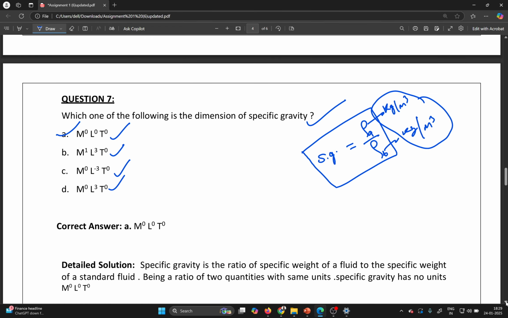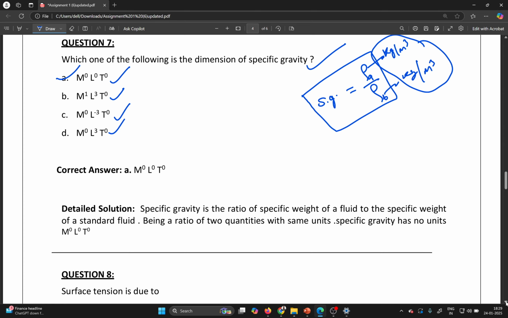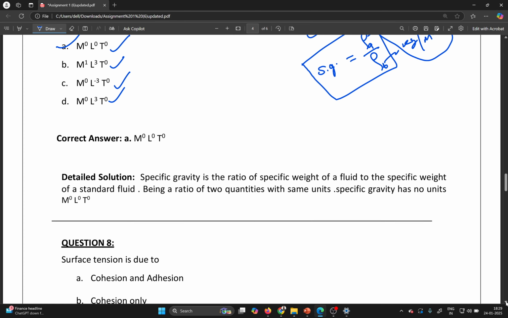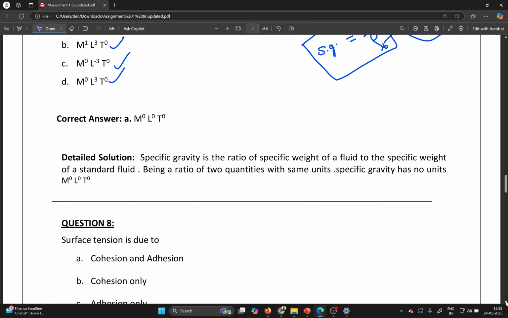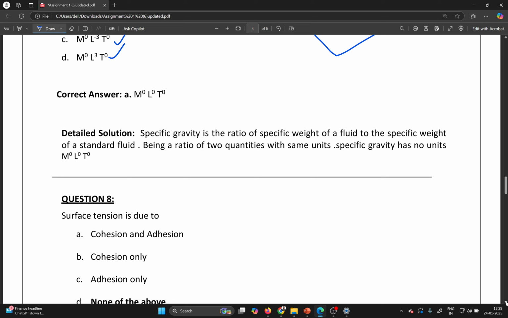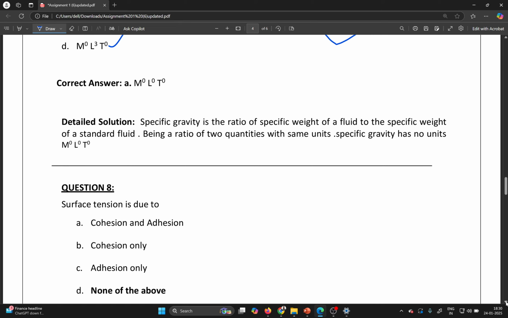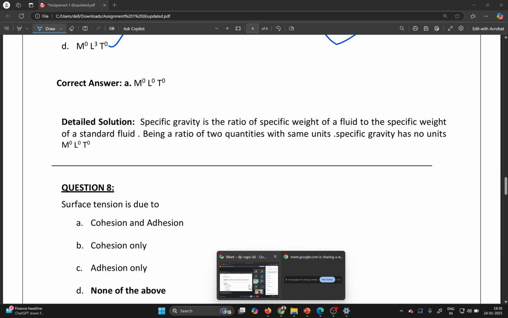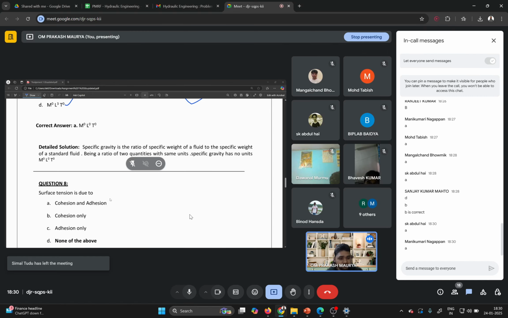Now the next question: surface tension is due to option A, cohesion and adhesion; option B, cohesion only; option C, adhesion only; and option D, none of the above. Please everyone try to give your answer. Surface tension is due to.